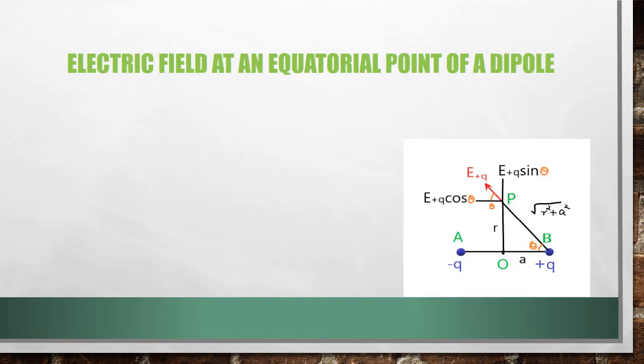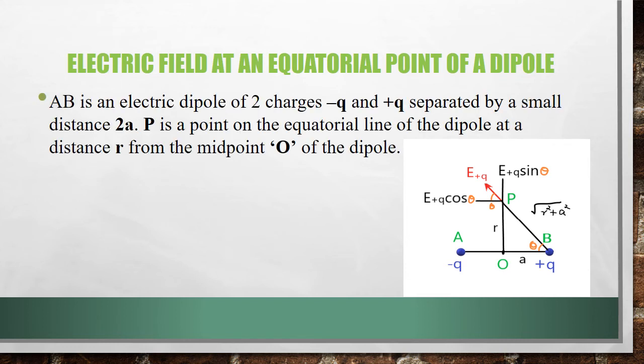Now we are going to see the electric field at an equatorial point of the dipole. Here, AB is an electric dipole of two charges, minus q and plus q, separated by a small distance 2a. P is a point on the equatorial line of the dipole at a distance r from the midpoint O of the dipole.